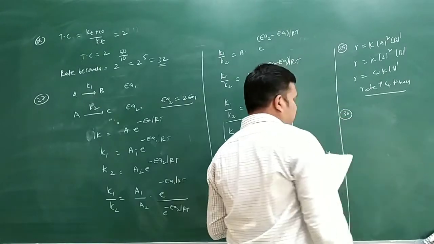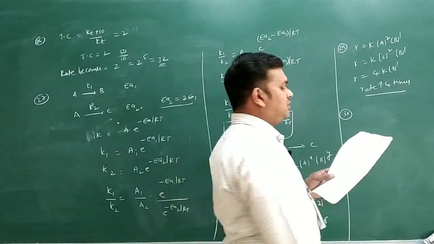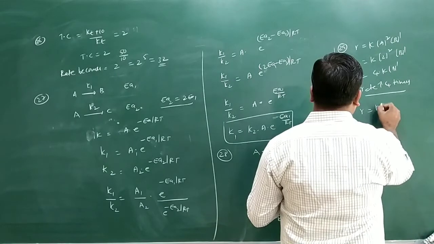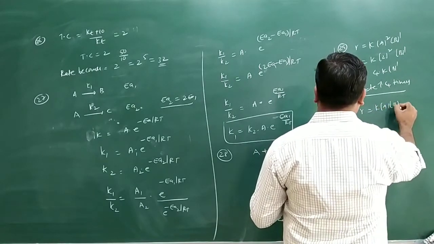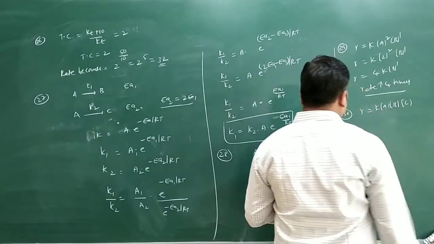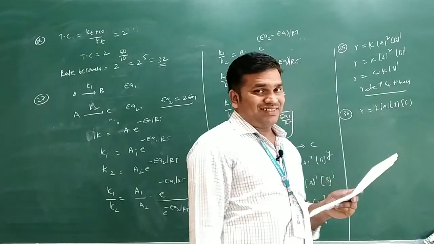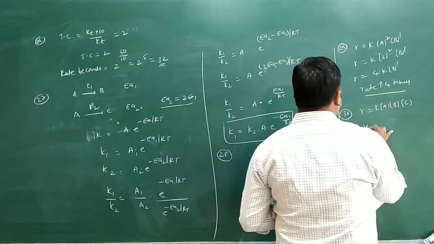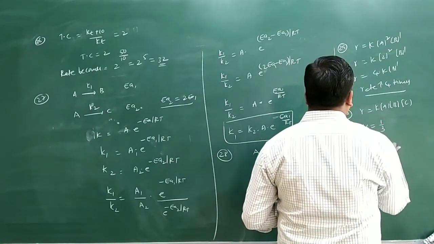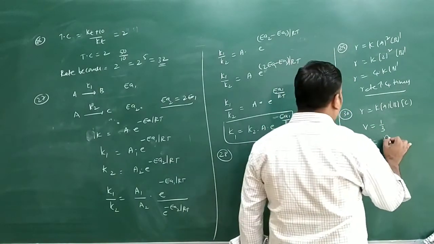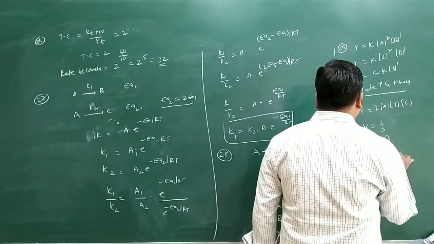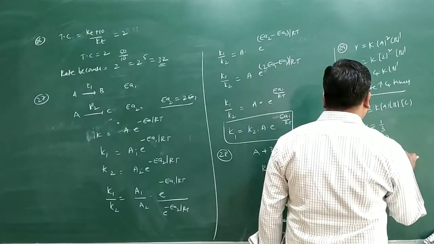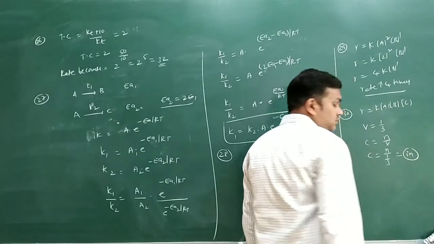Now you see question number 30. For a gaseous reaction, they gave R is equal to K into concentration of A, B into concentration of C. If the volume of the vessel is reduced to 1 by 3, the rate of reaction becomes? Volume is reduced to 1 by 3. You know concentration C is equal to N by V. So C is equal to N by 1 by 3, which means 3N.